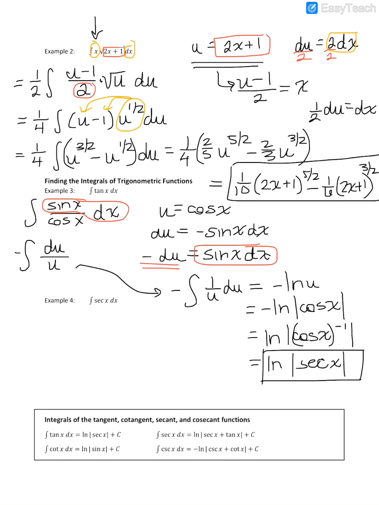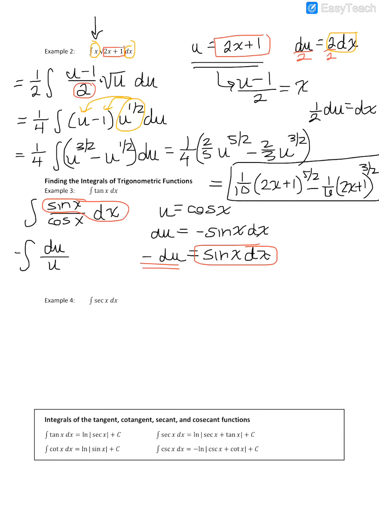All right, we're going to try something similar for number 4. Let me erase. Okay, number 4, we have integral of secant x dx. Oh man, if this was secant squared, we would be golden, wouldn't we? But we actually don't know something that has secant as its derivative. So on this one, we are going to use some trickery and deceit.